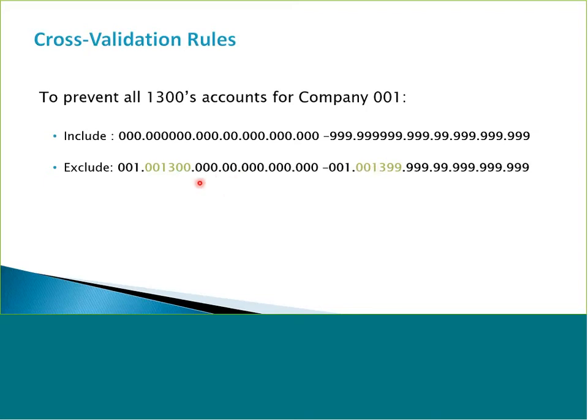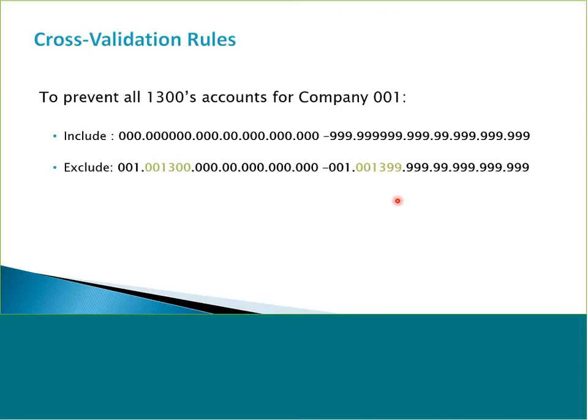All right. So for all the other segments, it's going to be 00 to the last possible value, which is 999 or 99, depending on the segment. So I hope that is clear. So this exclusion range defines the range of accounts that we don't want to be used. These are the ones that are going to be invalid. Okay.